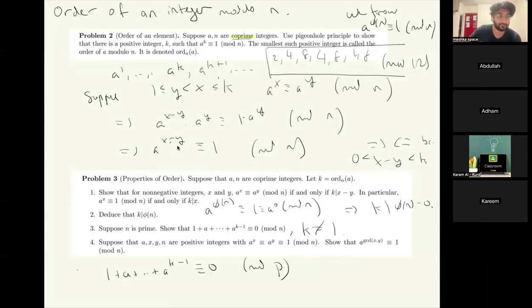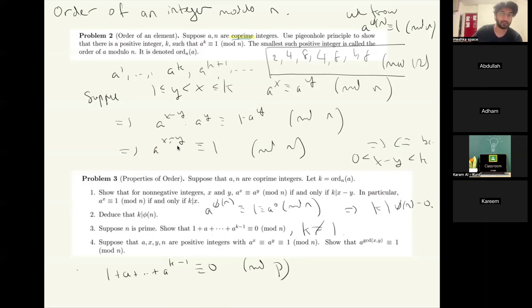Okay. And why should we have n is prime? I think it will work if n is not prime. Okay, so let's prove it, and let's see if the proof works when n is not prime. So how do we prove it? Here I mean A is not 1, not K is not 1.